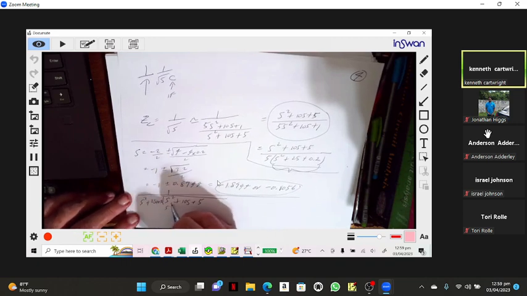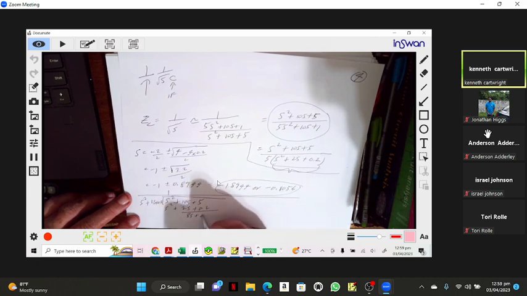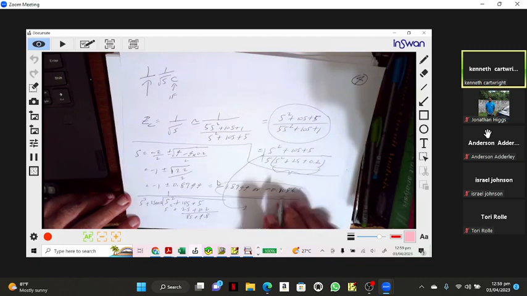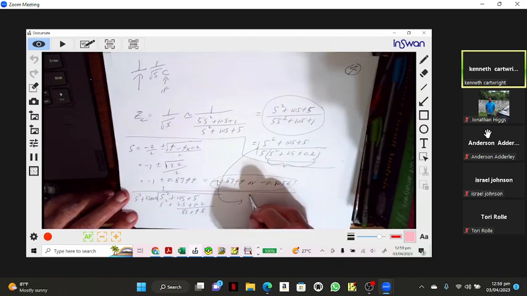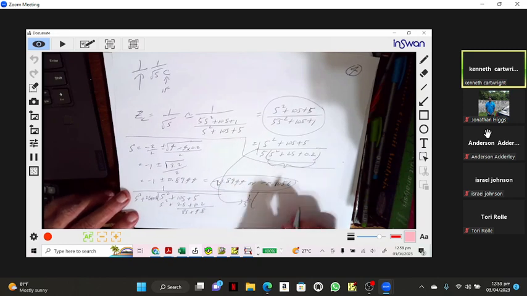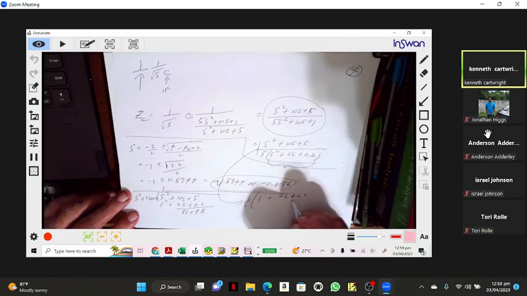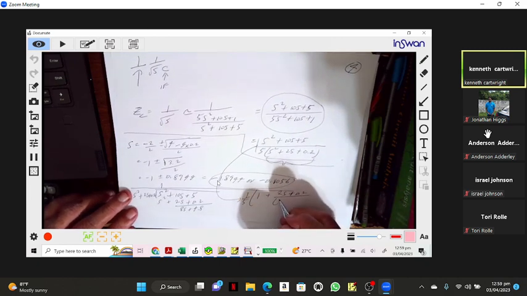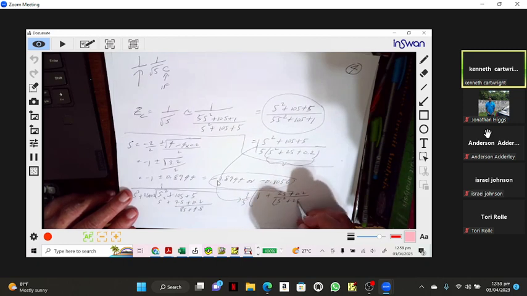So it's 1 S squared plus 2S plus 0.2, and that's 8S plus 4.8. So this here is 1/5 times (1 plus 2S plus 0.2) over S squared plus 2S plus 0.2.